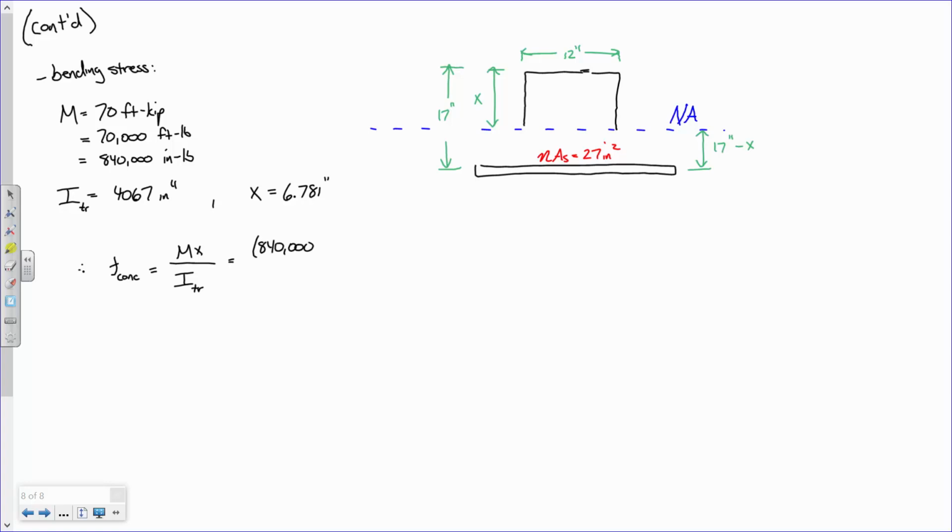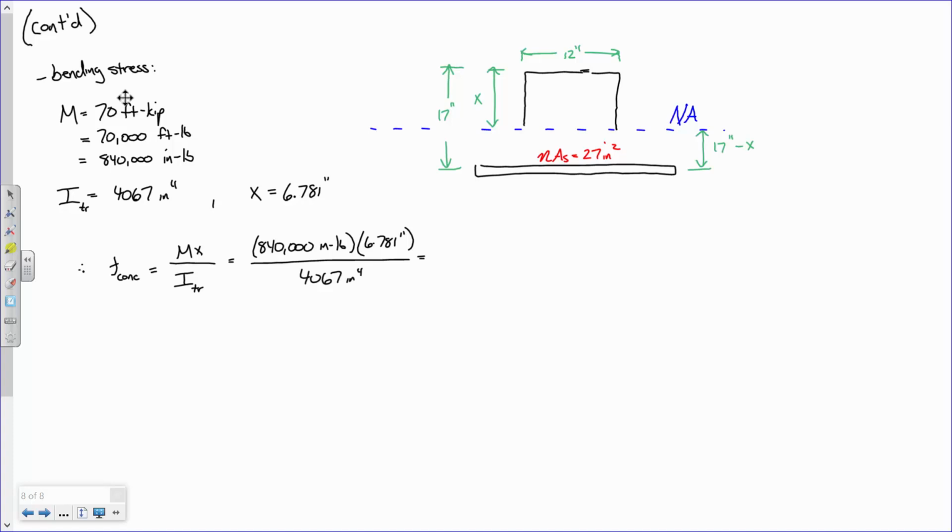So we have 840,000 inch-pounds times x, 6.781, divided by 4067 inches to the fourth. What does that come out to be?